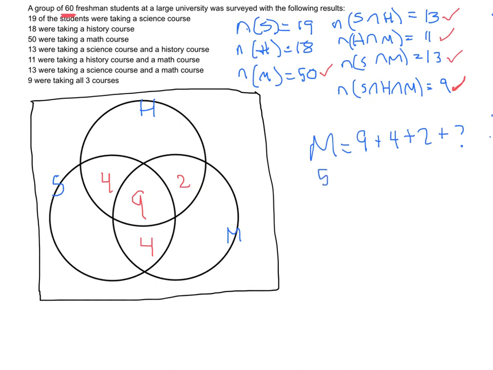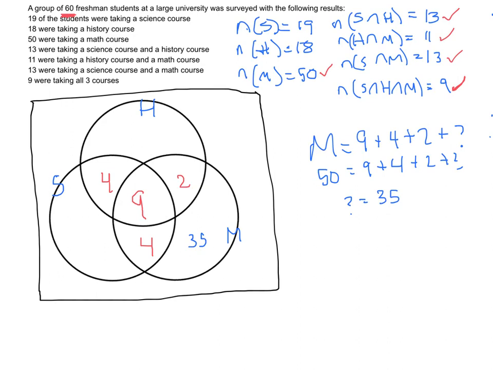So if we do the math, we've got 50 is 9 plus 4 plus 2 plus question mark. What we find is that the question mark, or the X that we're looking for, is equal to 35, which means that now we can put 35 here in this region.